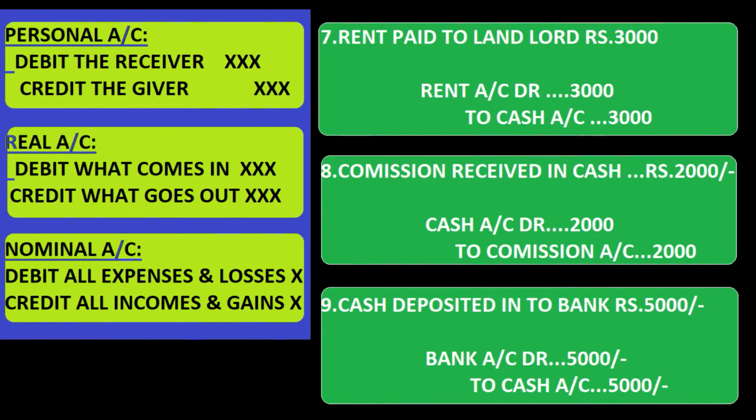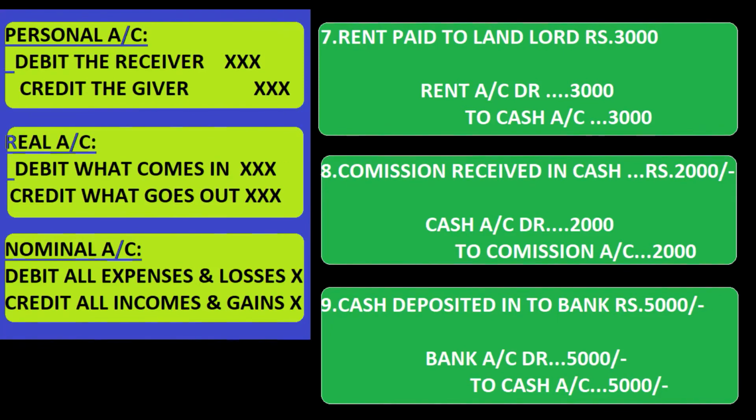So as per nominal account rule, credit all incomes and gains. So we have to credit the commission account. Entry becomes cash account debtor 2000 to commission account 2000.